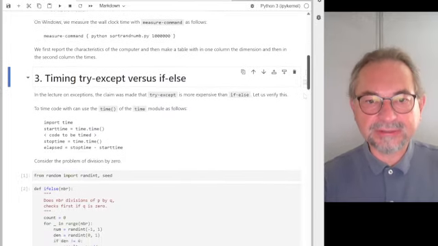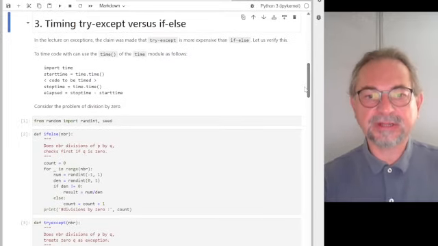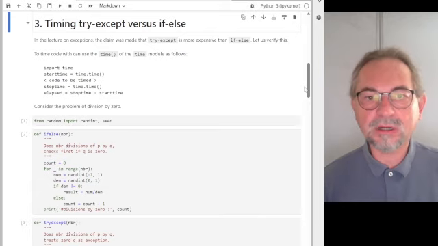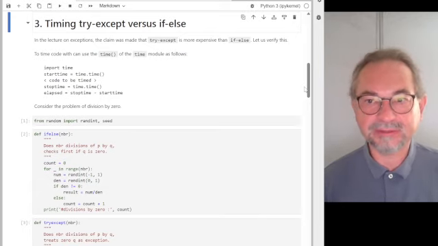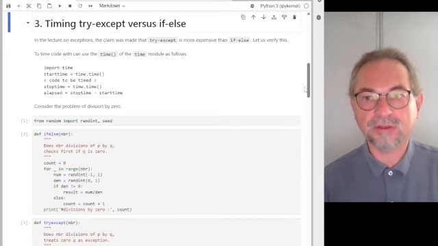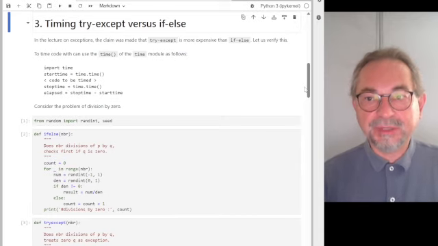Let me go to the next question. So the next problem. An exception is an unexpected event that disrupts the normal flow of execution. So it should be for exceptional situations.